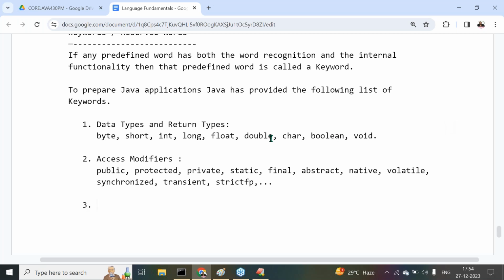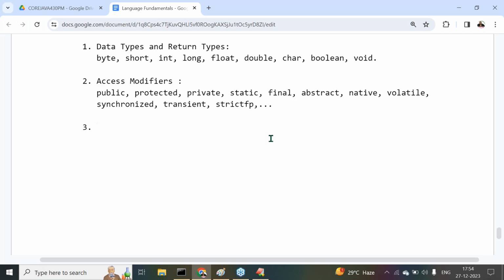Third one, I'm telling you, observe carefully. Now the next one is flow controllers related keywords. What are these flow controllers? We can identify this: if, else, if else, switch, inside this case, then for, while, and do is a separate keyword.